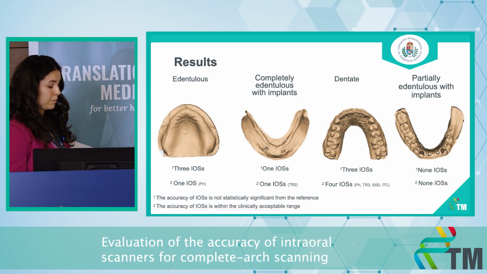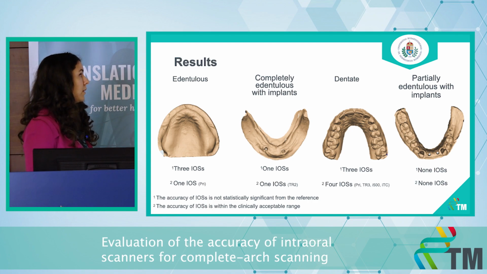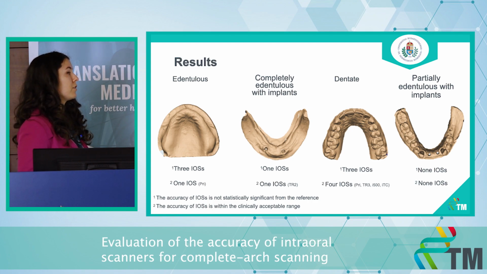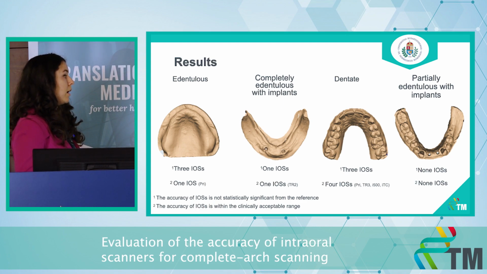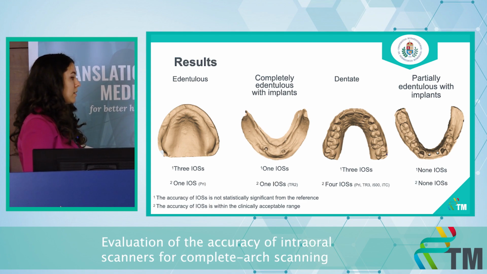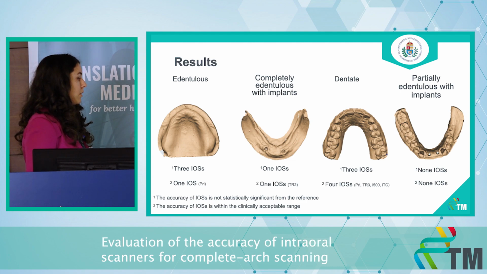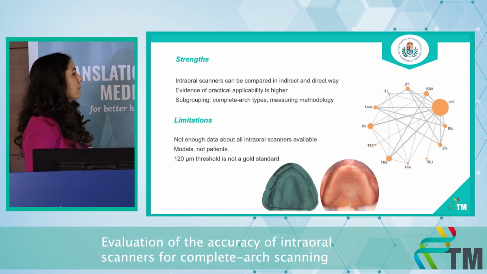In the 4 subgroups, unfortunately, there was one, the partially edentulous arch with implants, where none of the IOS were either statistically or clinically acceptable. But in the other 3 subgroups, we have found significantly non-different IOS systems and also clinically acceptable ones.